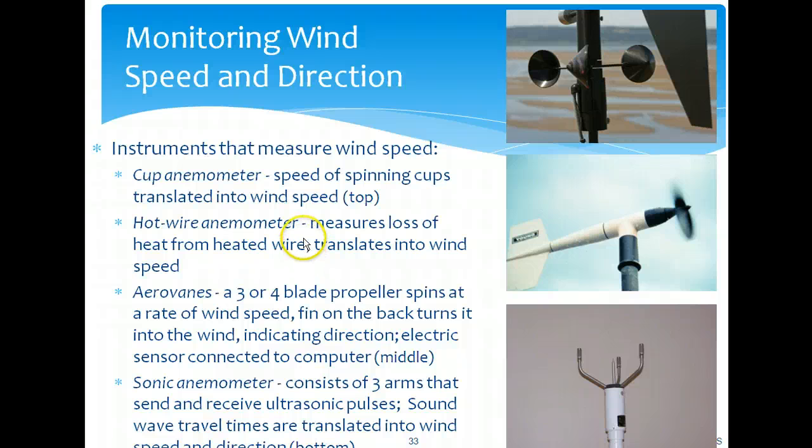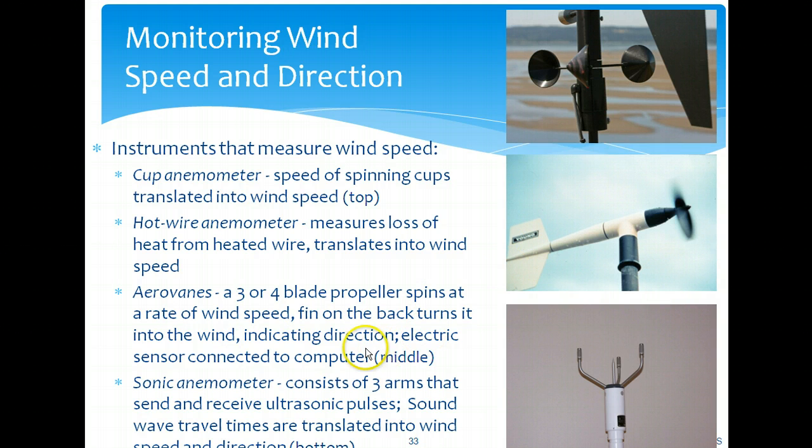This slide talks about some of the common instruments that measure wind speed. A cup anemometer, which is simply cups that are spun by the wind and registered. Hot wire anemometer measures a loss of heat from a heated wire, which is then modified and translated into wind speed.